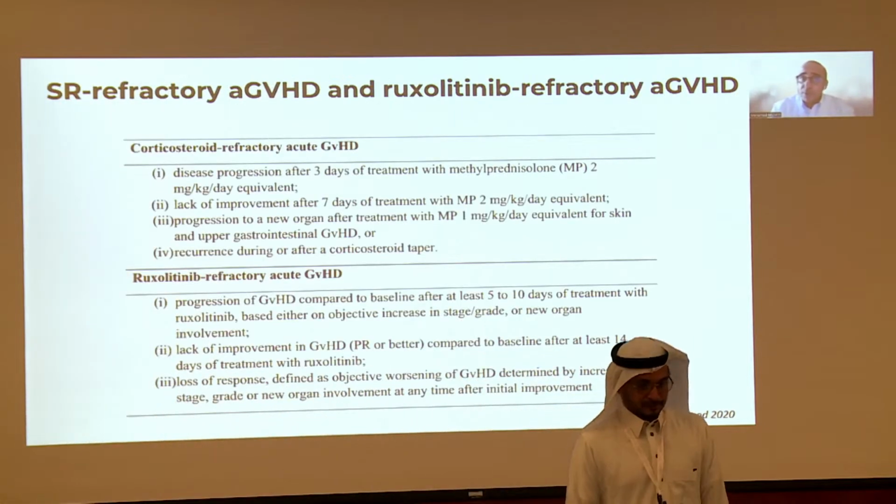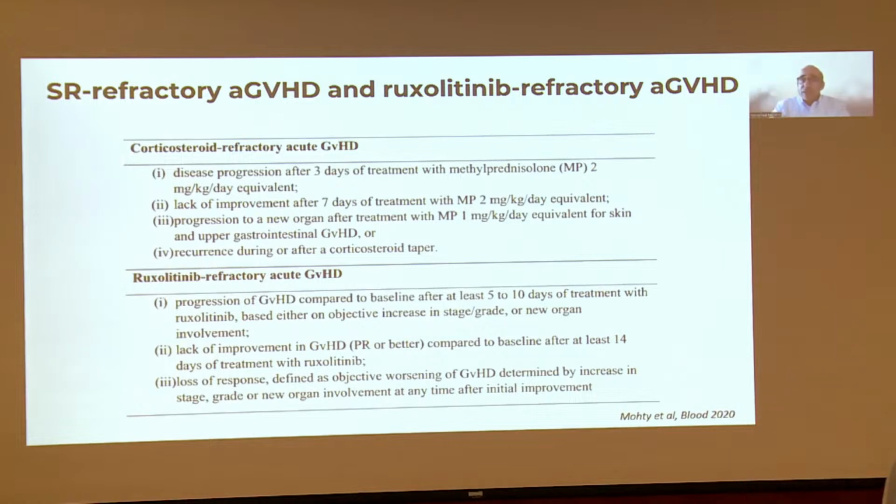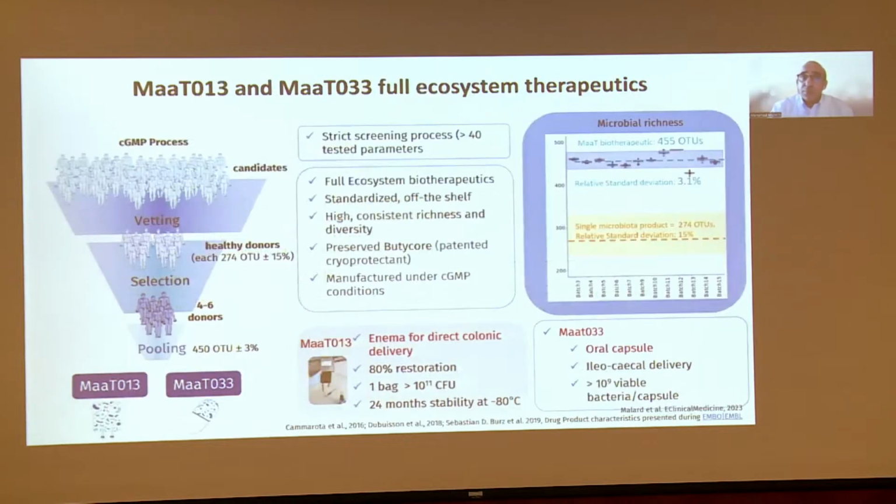But now we are faced more and more with patients who are ruxolitinib refractory and steroid refractory. And with a group of colleagues, we have set the frame to define these patients who are ruxo refractory for their acute GVHD. And this is where we need novel options.